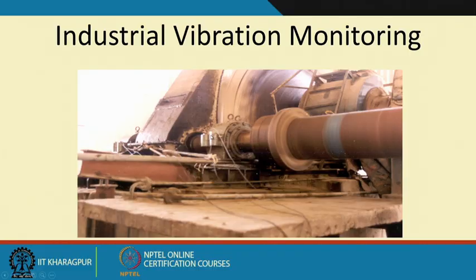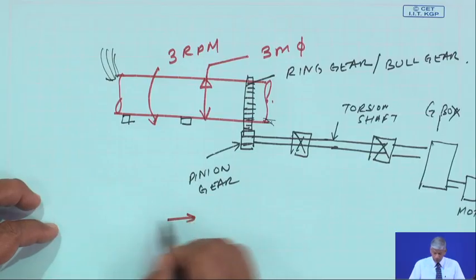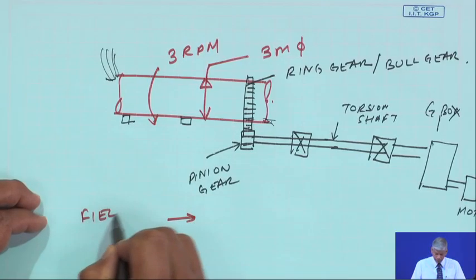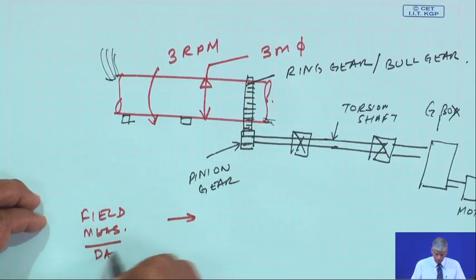If you see here, while we were doing this monitoring, we had put an accelerometer on the bearing housing supporting the pinion gear, and these accelerometer cables are being taken out, and the measurements from the field, or field data, are recorded.